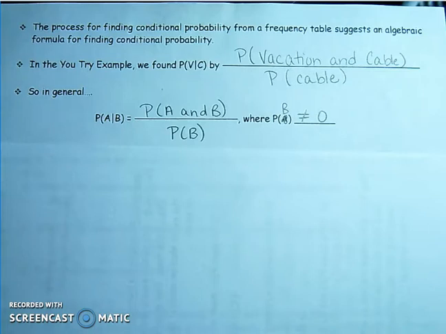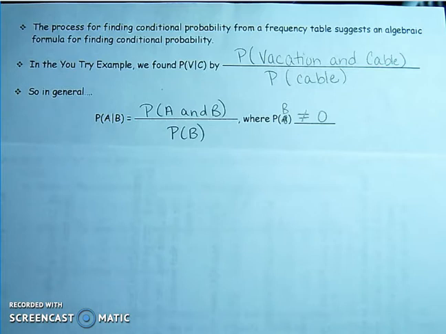That was the top number, and it was out of the probability of how many people had cable. We knew they had cable because it's given, C is last, so that was automatically our denominator. And then we want to know how many of those people went on vacation. So that's the intersection. So with probability of V given C, that second letter is always our denominator. So the total of cable is always our denominator, and then the top will be the intersection of the two.